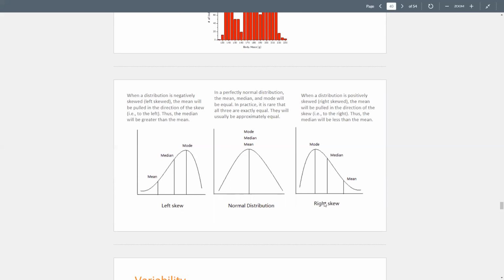Same thing with a right skew, the mean is pulled in the direction of the skew. So if the mean is less than the median, that's usually an indication the distribution is negatively skewed. When the mean is greater than the median, that's typically an indication that the distribution is positively skewed.